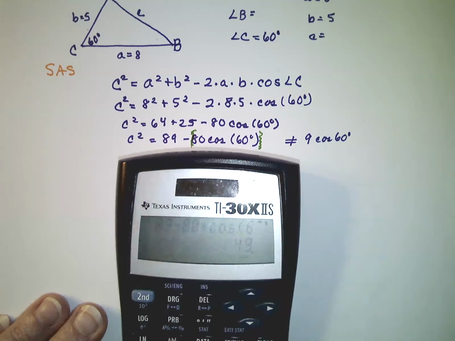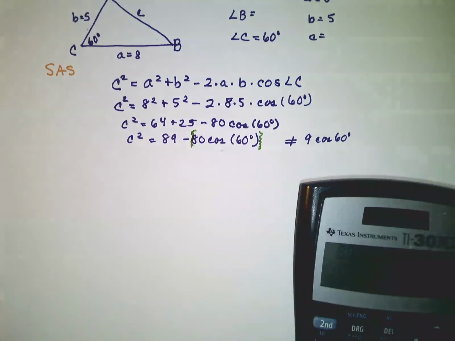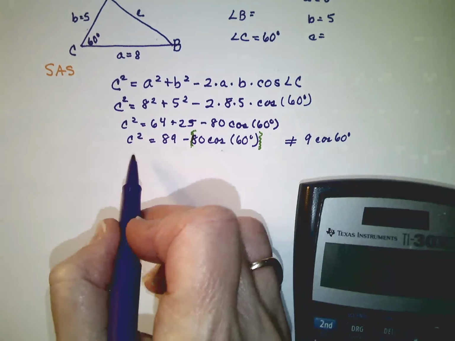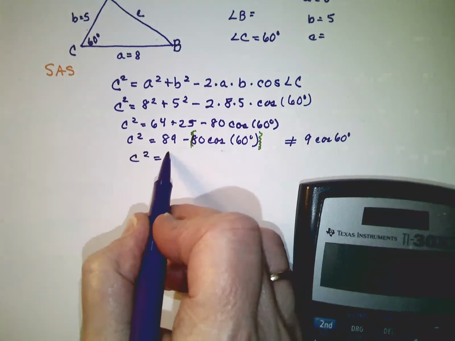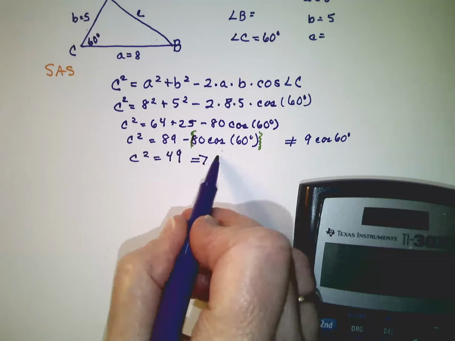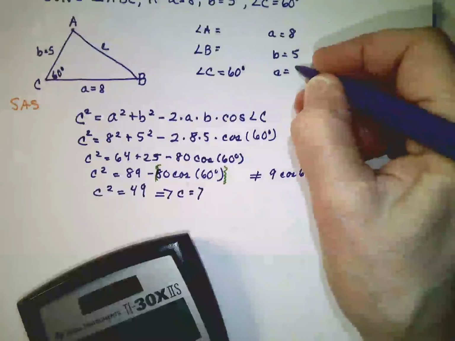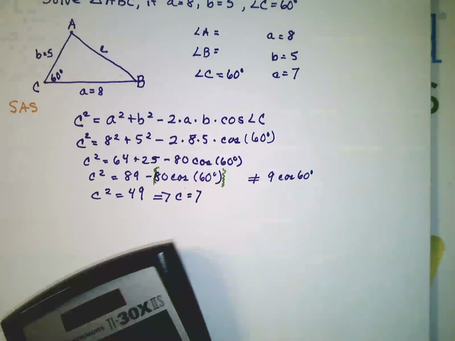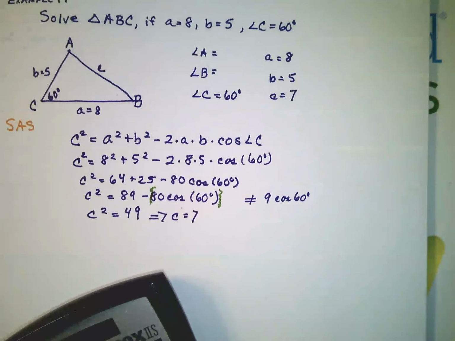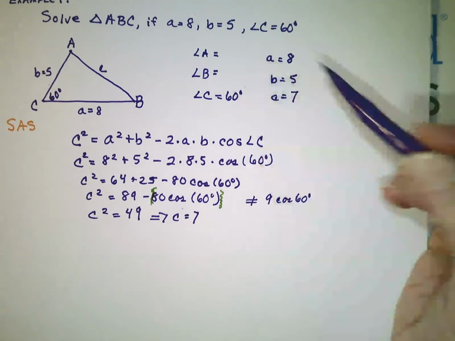And it tells us the answer is 49. So if the answer is 49, that doesn't mean side c is 49. c squared is 49, which means that c is going to equal 7. So we know side c, but this said solve the triangle. So we still need to find the two missing angles.